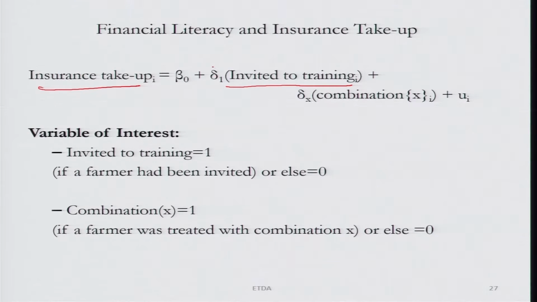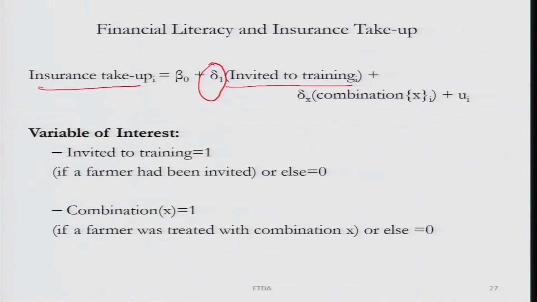So, what you have over here is this delta 1, the coefficient of interest. Recall once again the regression framework that we discussed. The coefficient on the treatment indicator, in this case invited to training, reflects the average treatment effect when the conditional independence assumption is satisfied or randomization has gone well.